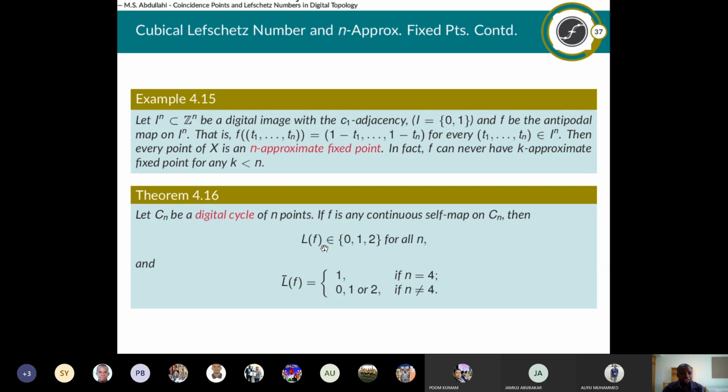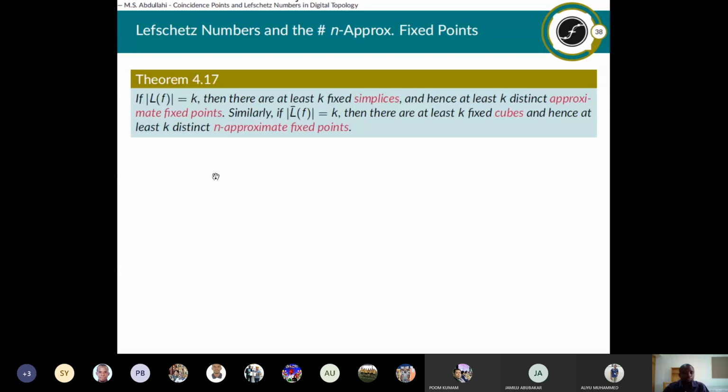We found that the simplicial Lefschetz number for a digital cycle of any length n is either going to be 0, 1, or 2. But the cubical Lefschetz number is equal to 1 only if n is equal to 4, and otherwise it is either going to be 0, 1, or 2, similar to the simplicial case. We are going to make use of this in the next few slides to come up with some nice results.